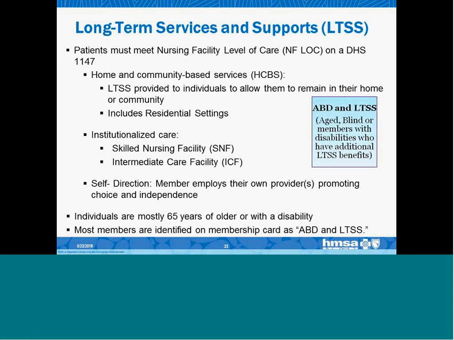Following DHS review, members who are determined to be at nursing facility level of care may be placed, and members who qualify for home and community-based services have service coordination arranged for additional support services. All services must be arranged by the service coordinator.